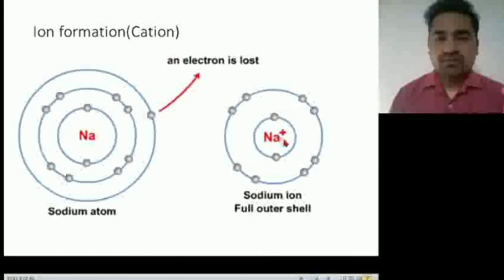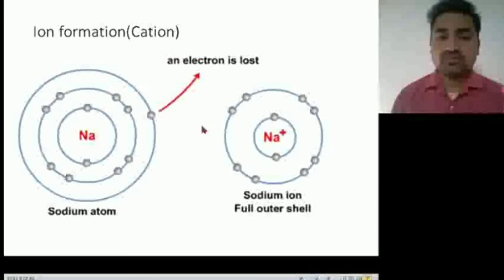So if it releases or loses 1 electron, it will become sodium 1 positive. As many electrons as it will lose, that many positive signs will get over it. But the condition is that it should have that many.